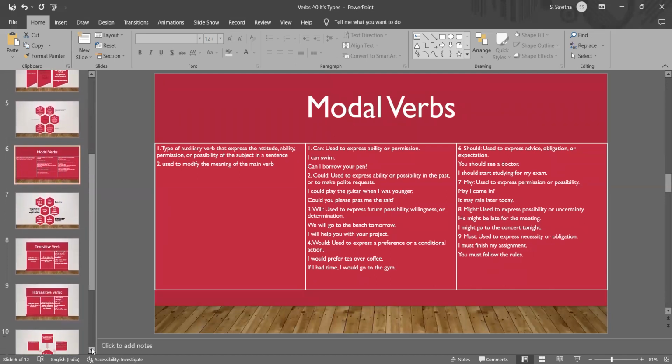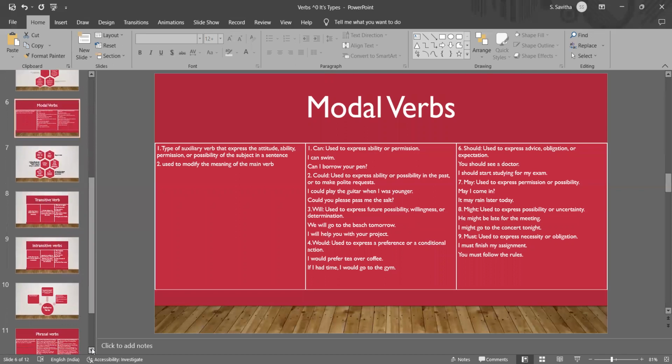What are modal verbs? They are a type of auxiliary verb which express the attitude, ability, permission, or possibility of the subject in a sentence. They are used to modify the meaning of the main verb and convey a range of different ideas.